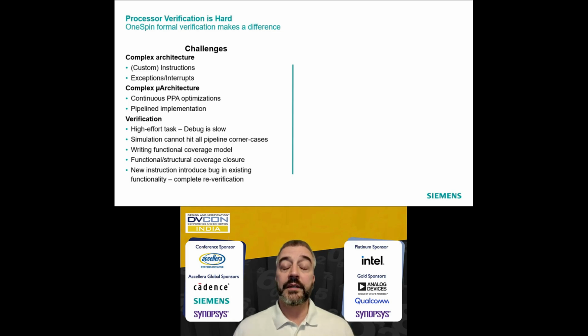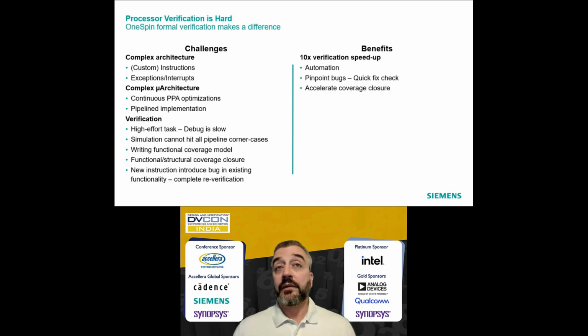So pretty much everybody agrees that hitting your coverage goals for a processor is quite some work to do in simulation. And this is really where formal nicely complements things, because you can export the formal results back into the simulation master verification plan, so to speak.